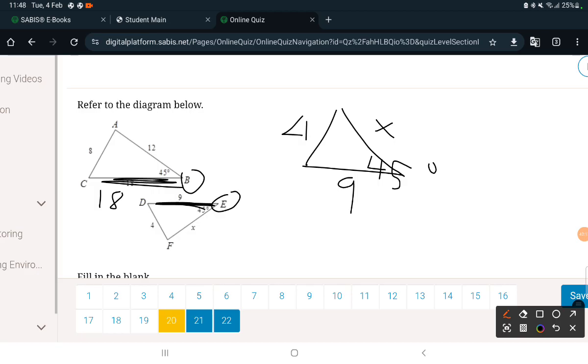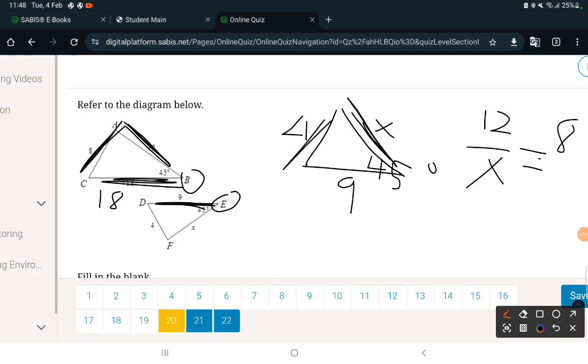So we have 12 over x, because they're similar, 12 over x is equal to 8 over 4. This is the proportionality theorem.